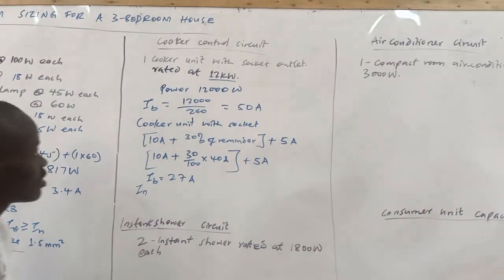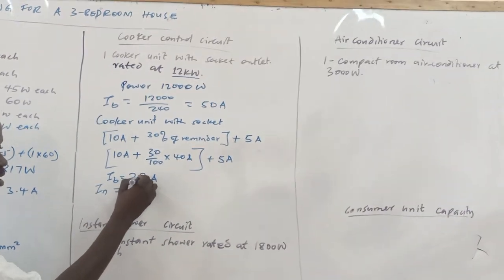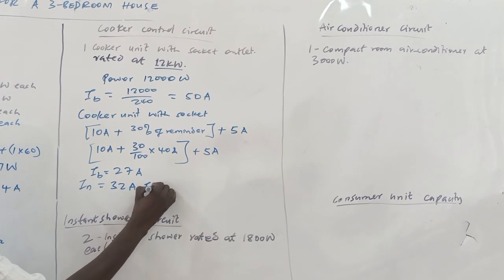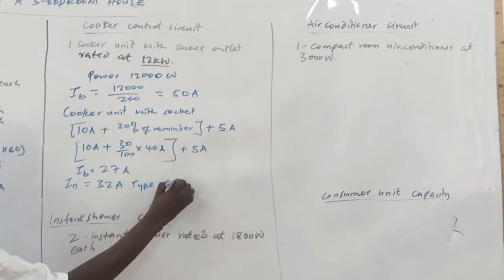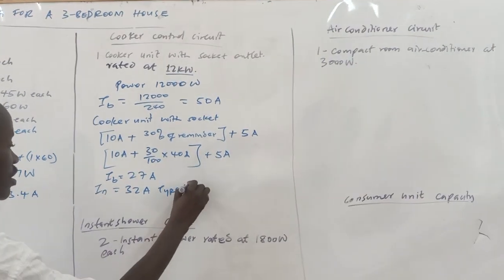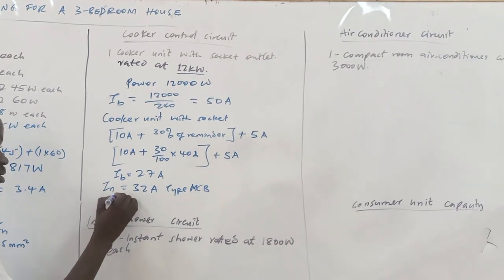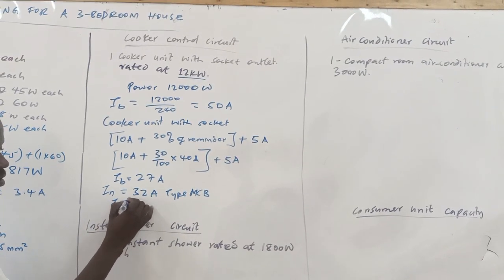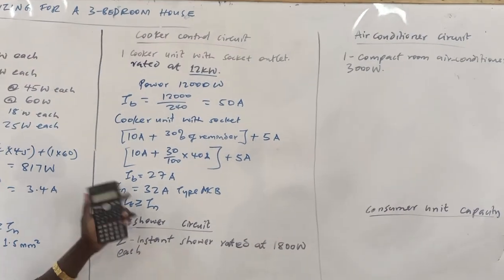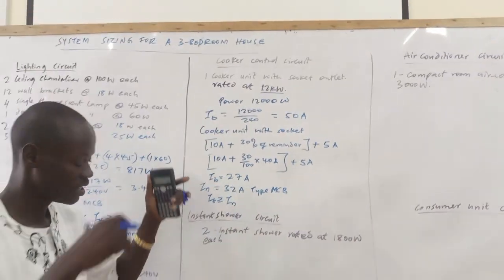Since we have chosen to use type C MCB circuit breakers, the one close to this will be a 32 ampere type C MCB. As I've said, there's no nominal rating in this case, so IT is greater than or equal to IN. So you check in the same table for 32 amperes or something closer to this, but not lower than that.